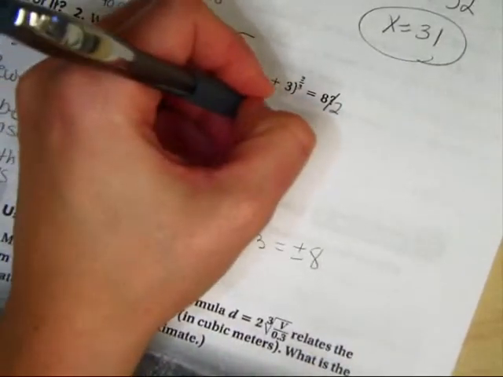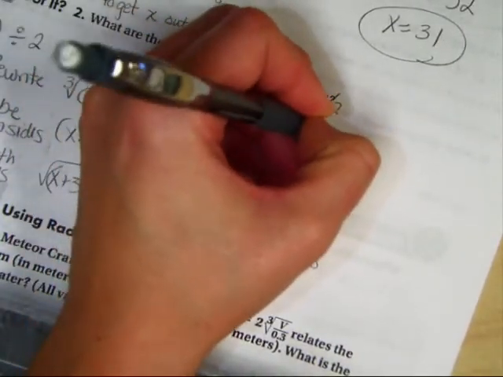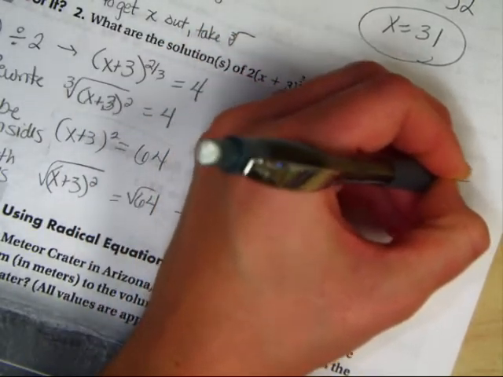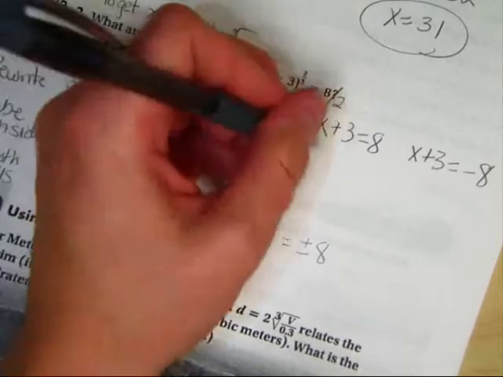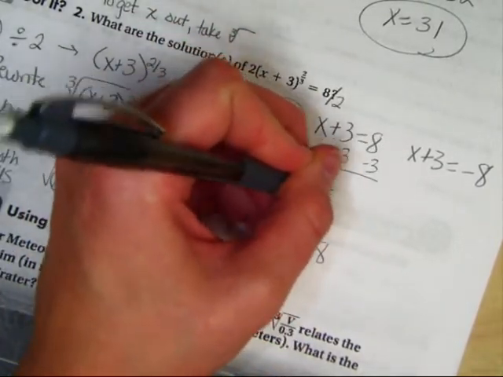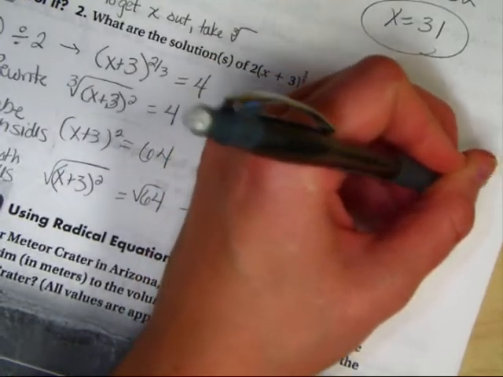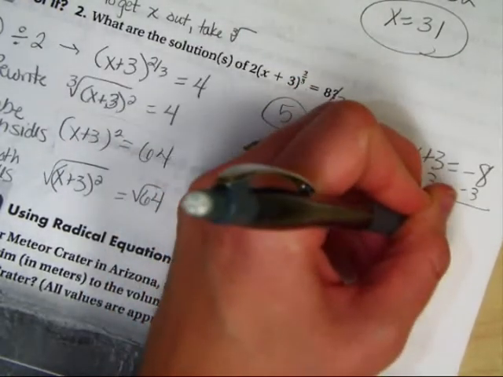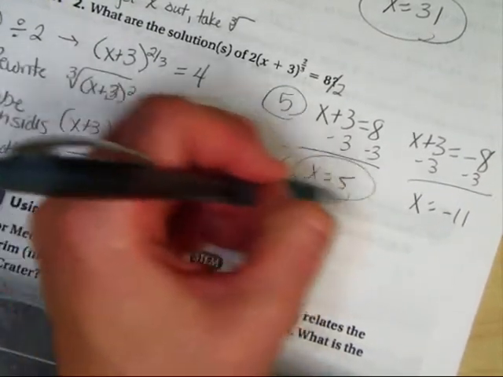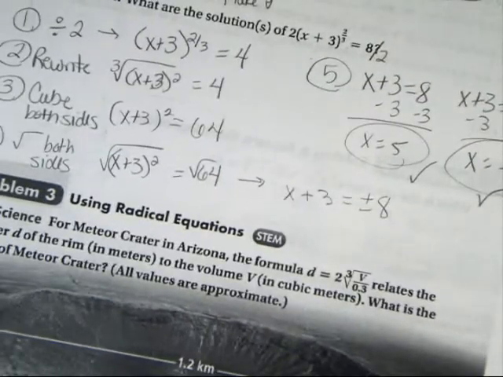Separate that. So you get x plus 3 equals 8, and x plus 3 equals negative 8. Subtract 3. X equals 5. Subtract 3. X equals negative 11. Both of those will plug in. You should always double check and make sure.